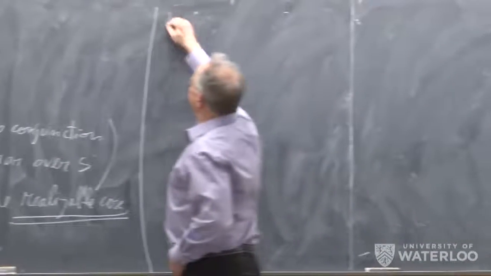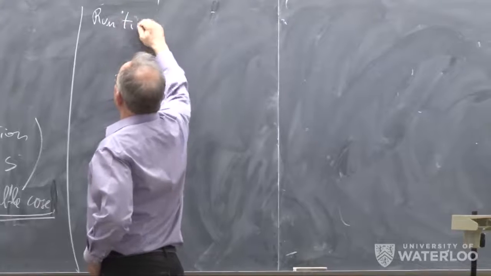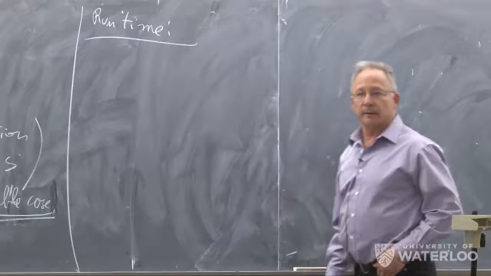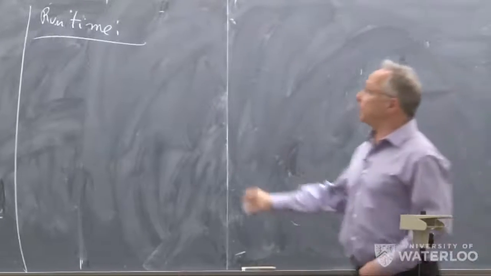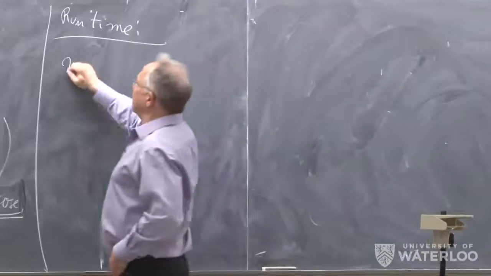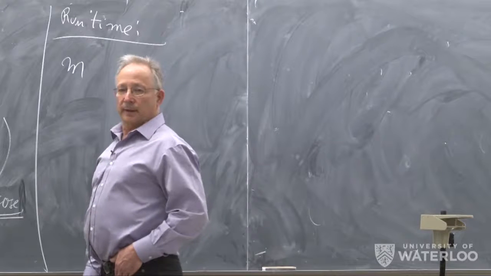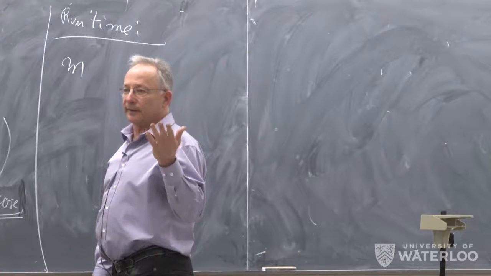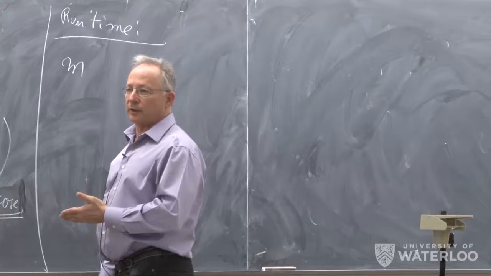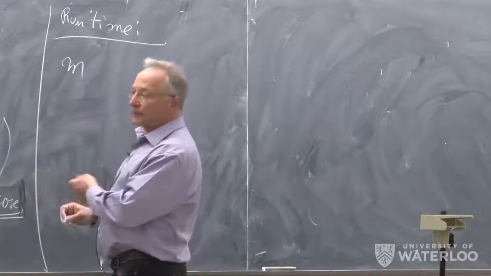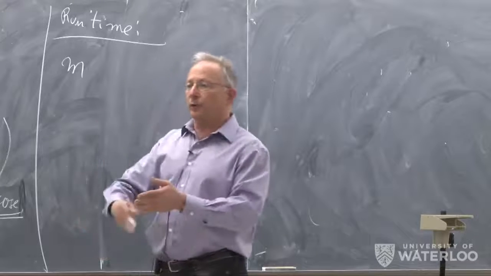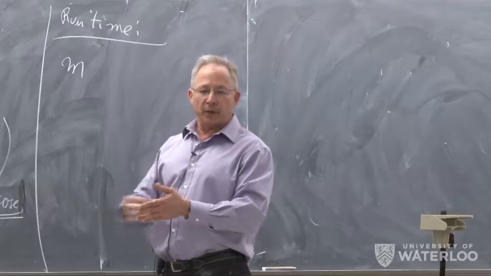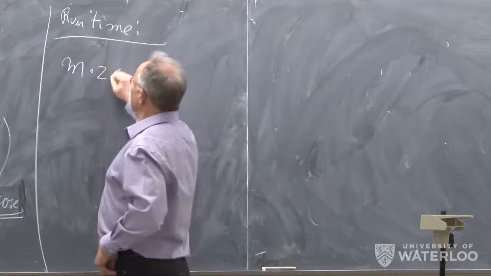Now I have to do the runtime assessment. What is my runtime? I know that I had m rounds. And in each round, I only had to examine one example and see if it passes the conjunction. I have to go over all coordinates of the example and all literals of the conjunction and check them. So it's something like 2d.